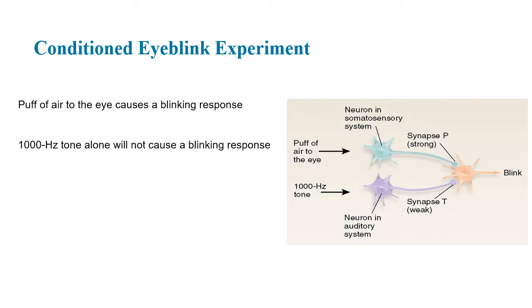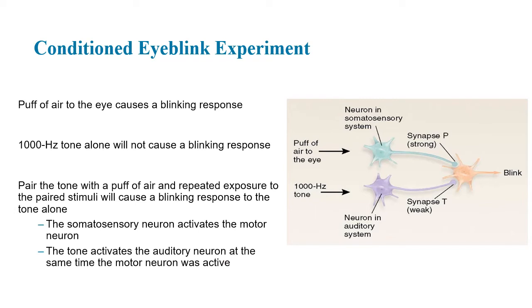A 1,000 hertz tone by itself does not cause a blink, but if you pair that tone with the puff of air, eventually that tone will cause a blink even in the absence of the puff of air. So that tone becomes the conditioned stimulus, and the blink is now the conditioned response.